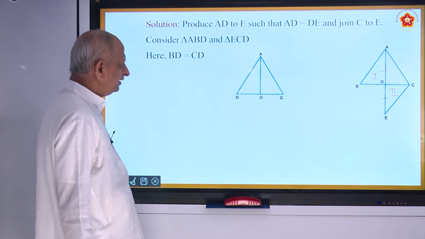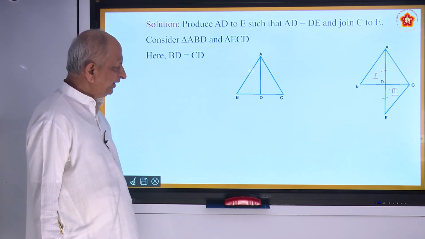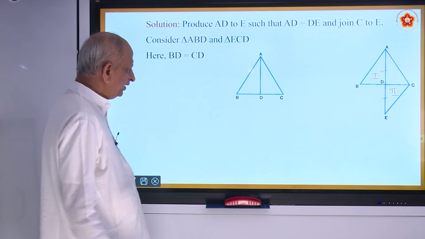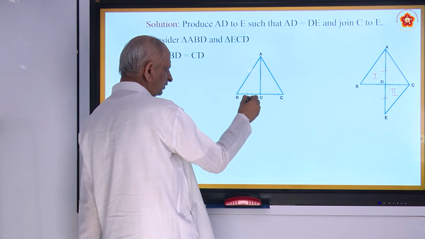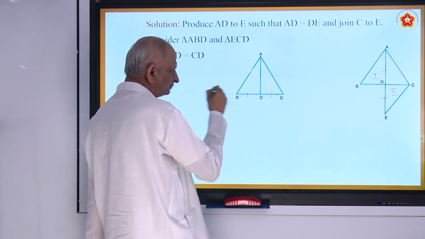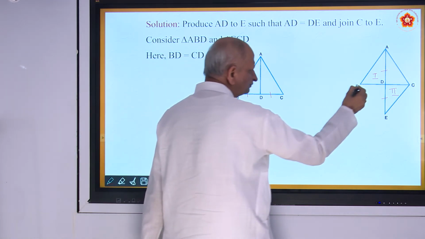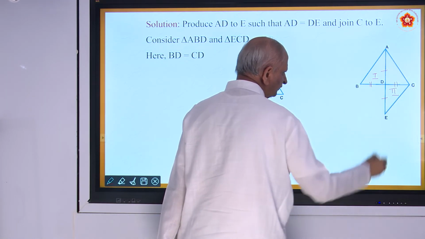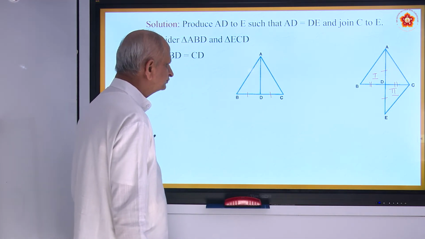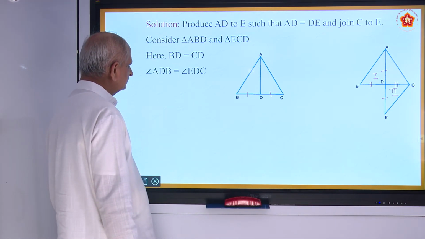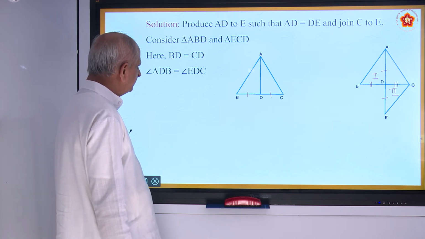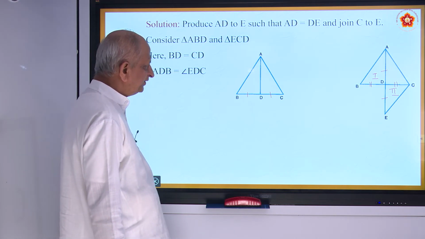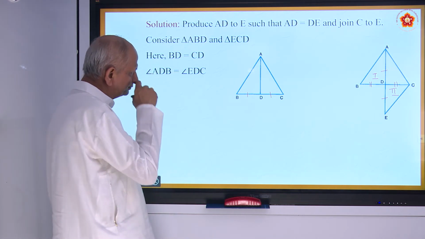In those triangles, BD is equal to CD. Why are they equal? Because it is the median. What does the median do? Median bisects the sides. And the next point, angle ADB is equal to angle EDC. What type of angles are they?